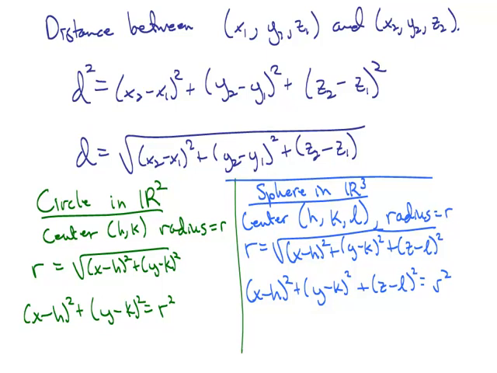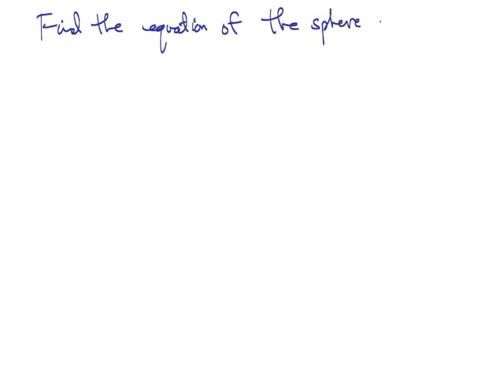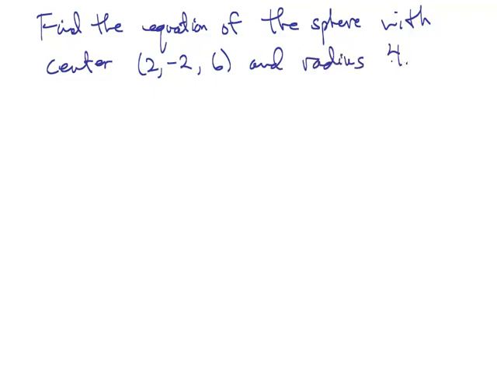Let's take a look at an example of this in action. Let's suppose we want to find the equation of the sphere with, we'll say, a center of 2, -2, 6, and radius 4.